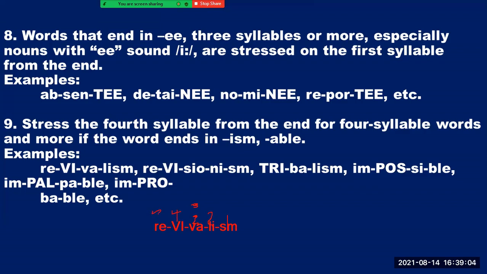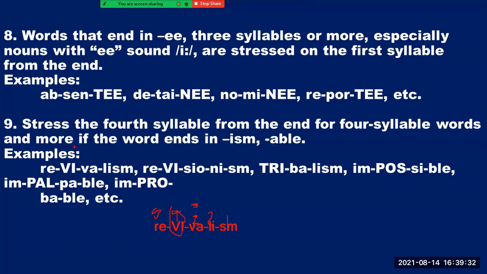This is 5. Okay, so we have 1, 2, 3, 4. So this is where stress is placed, and this is in line with the rule: stress the 4th syllable from the end of the word for 4-syllable words and more if the word ends in ism or able.